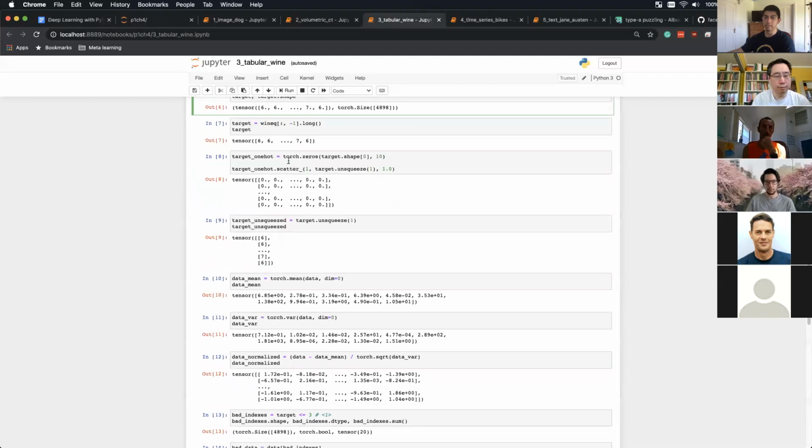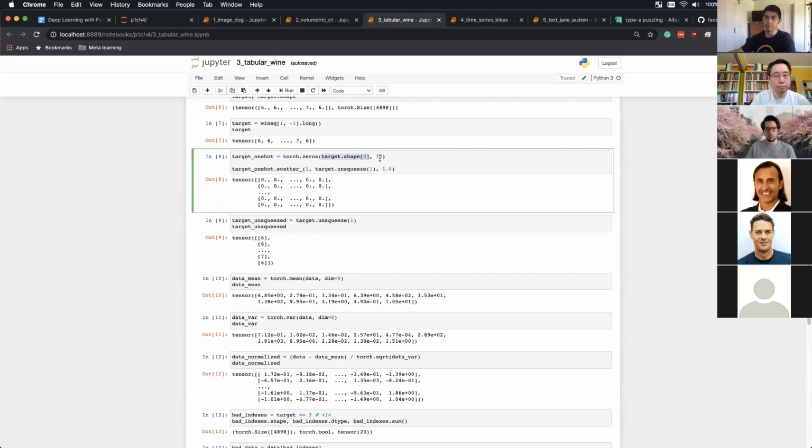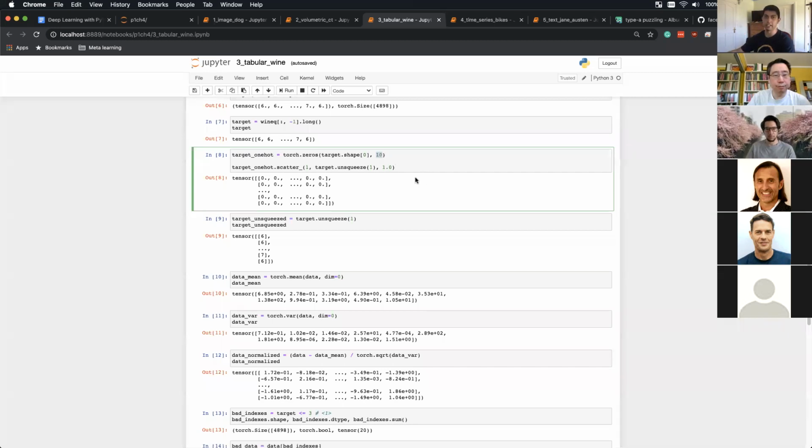Then they're showing that process of one hot encoding the target using scatter. They're defining the array so its size is the number of rows, and then the number of possible qualities. It probably would have been good if they defined that in some other way rather than just defining it as 10.